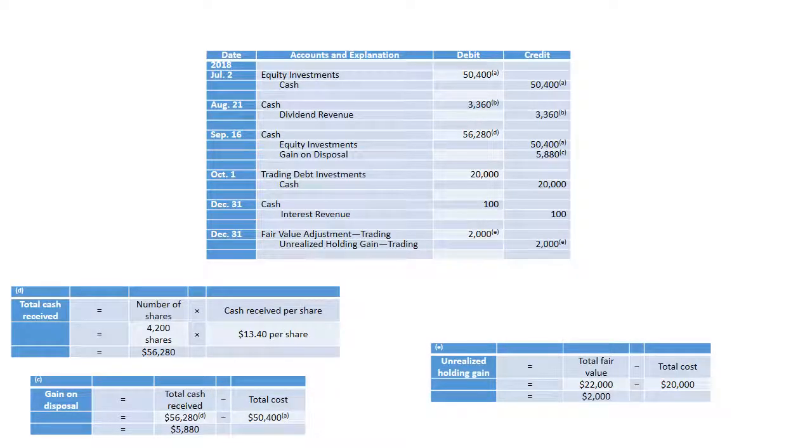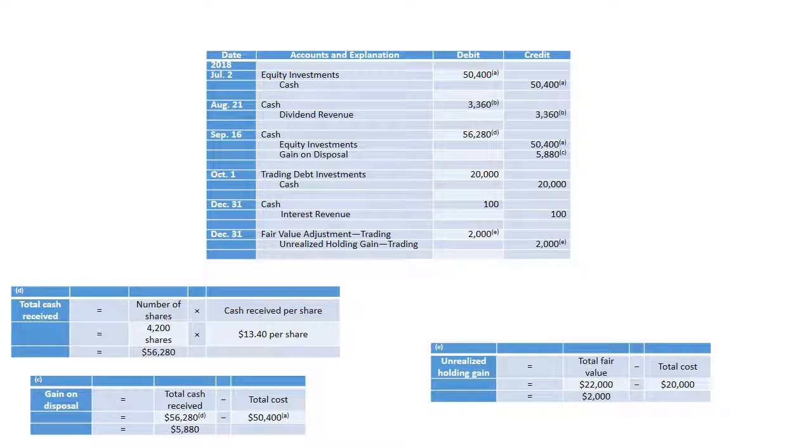Now, in the next journal entry on September 16th, Jetway sells the Pogo stock for $13.40 per share. So first we need to determine how much they'll receive in cash, and that's the D, and you could see the little table underneath which depicts this computation. 4,200 shares were sold.